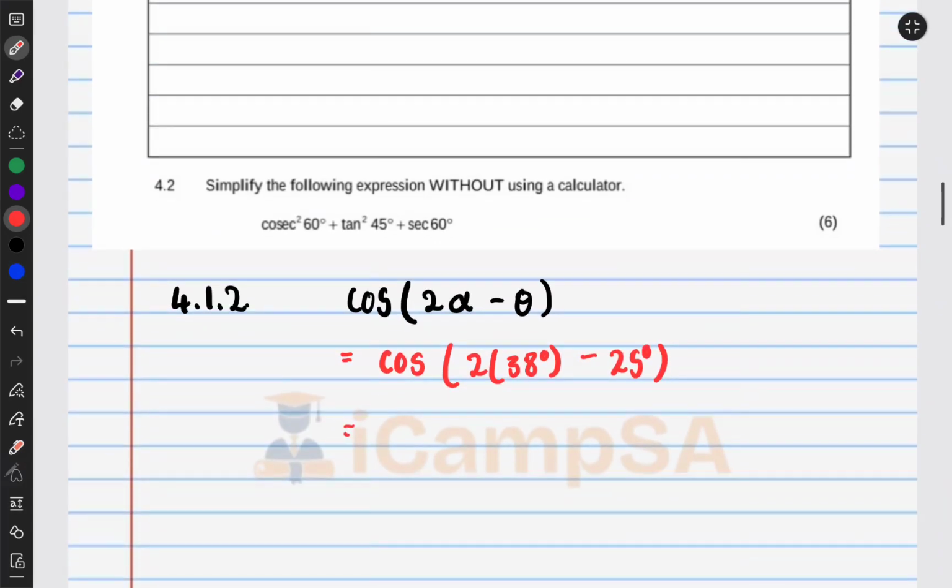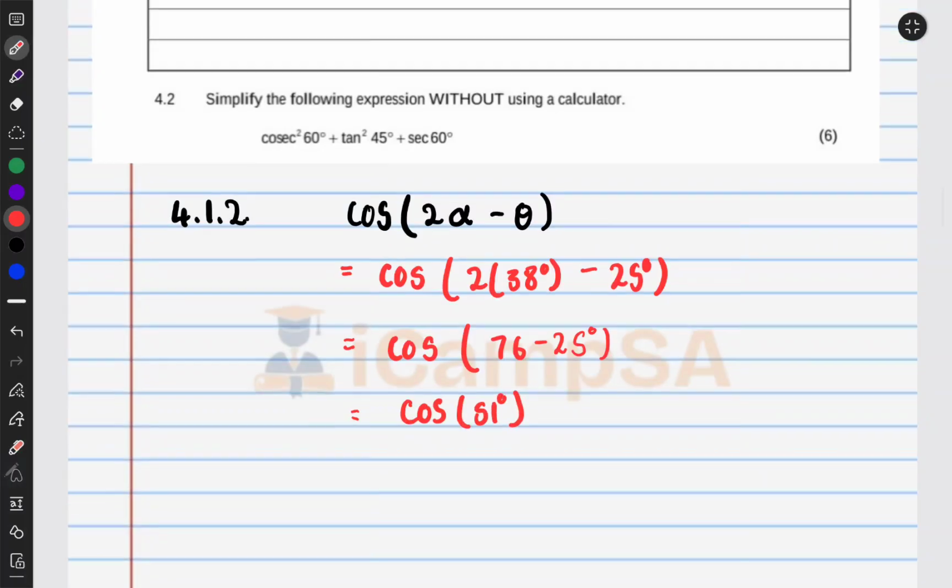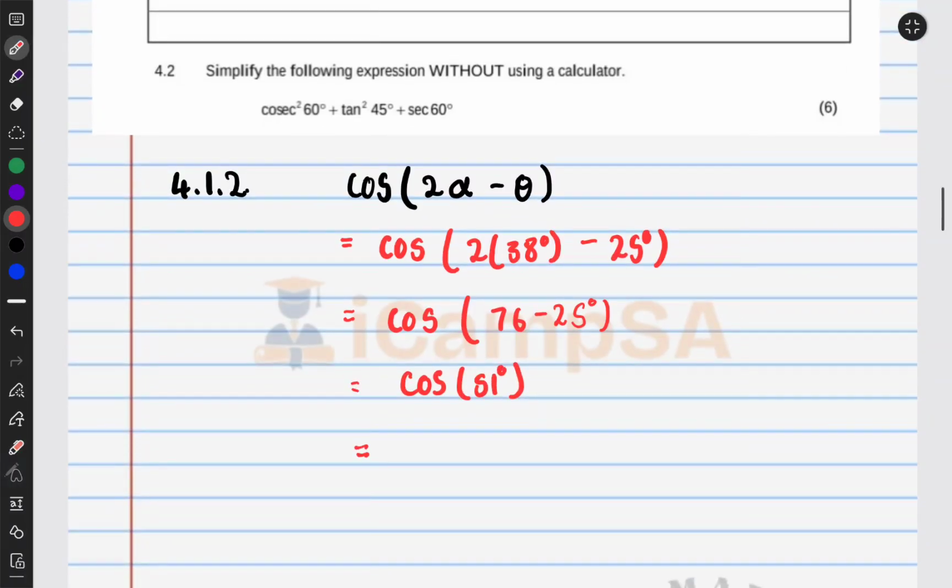We work what is inside the bracket. 2 multiplied by 38 is 76, minus 25 degrees. 76 minus 25 is 51. This is going to be cos of 51 degrees. You punch this in your calculator.